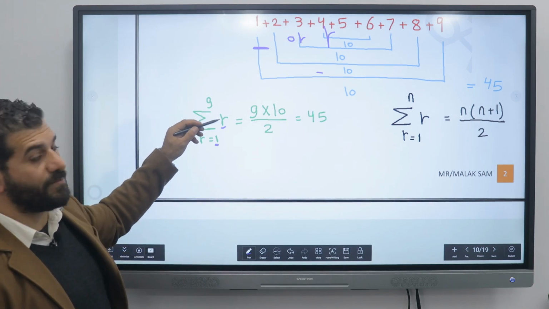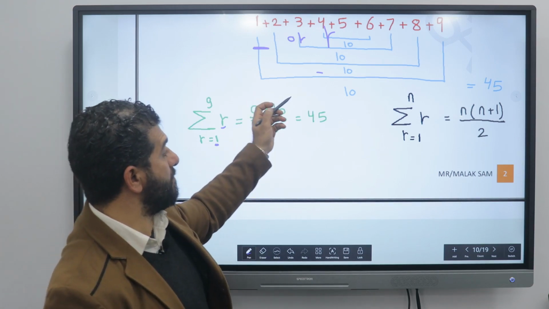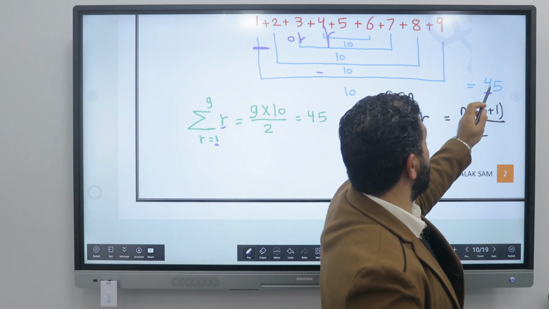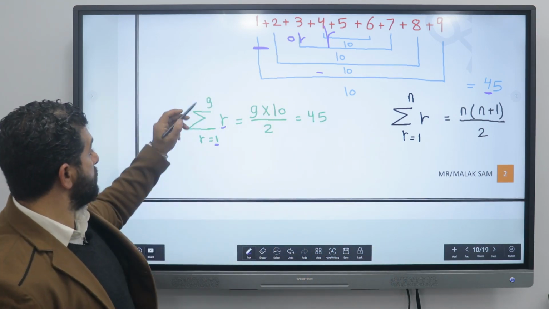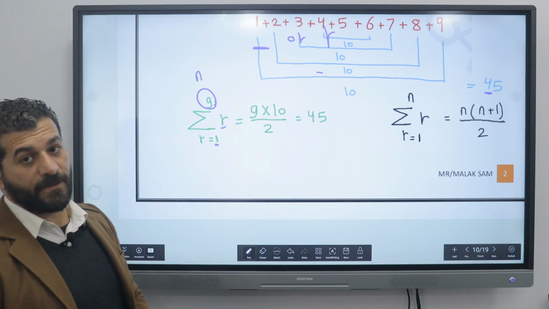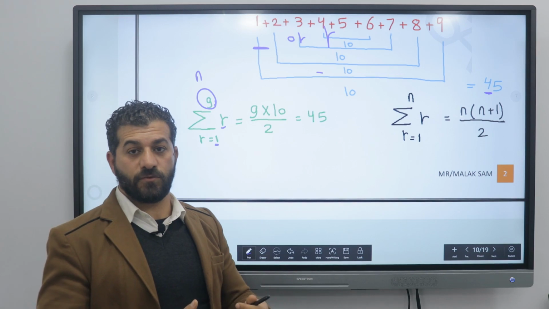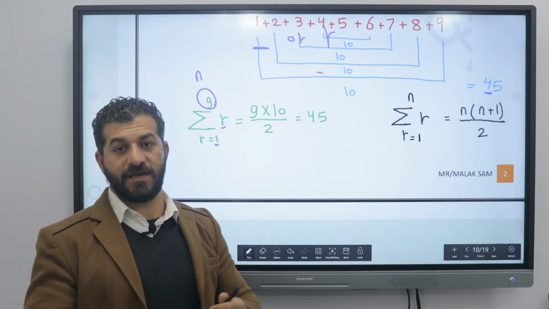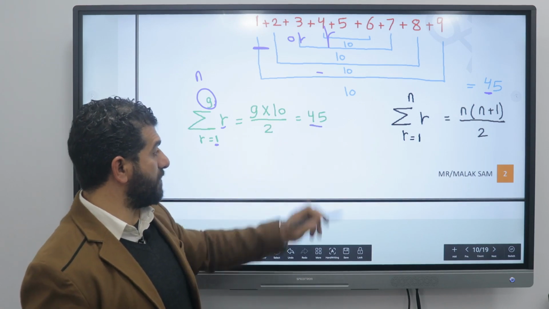If we apply the rule instead of adding them, adding them leads to 45, but as I said before, I need a rule just to follow. So write this 9, that's n, multiplied by n plus 1. So add 1 to 9, it will be 10. So it's 9 times 10, then divide by 2. It's 9 times 10 divided by 2, it's 45.